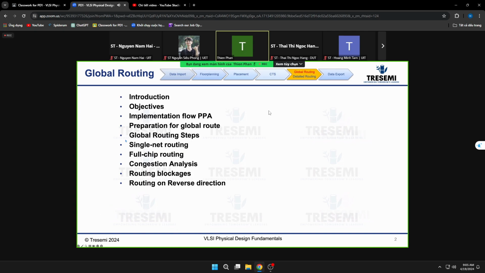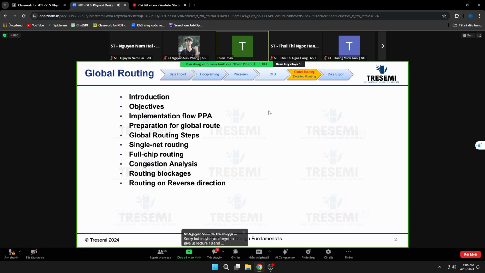And of course, one of the main things is we need to understand congestion. One thing that either makes or breaks routability is very much the congestion.